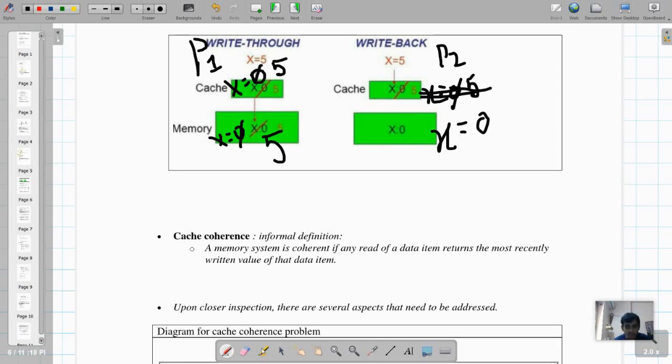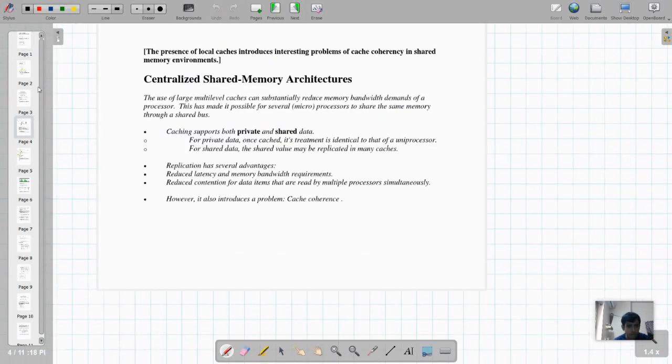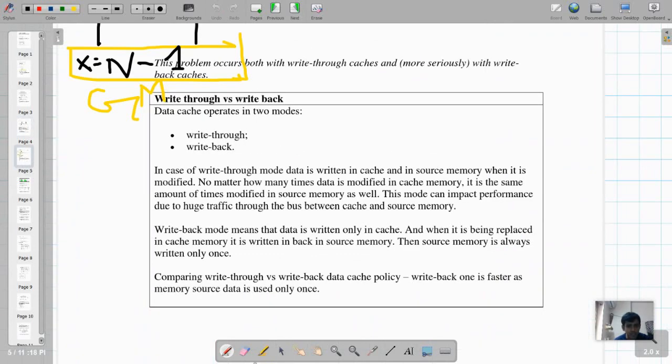When it is replaced, then this will be updated into the main memory. This is the write back policy. So this was the idea behind write through and write back policies.